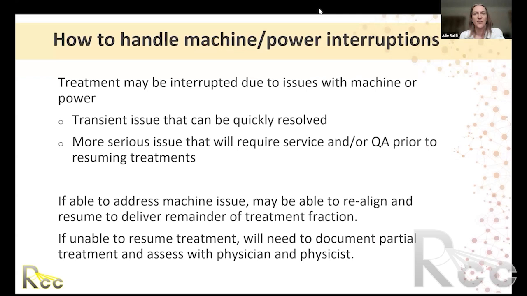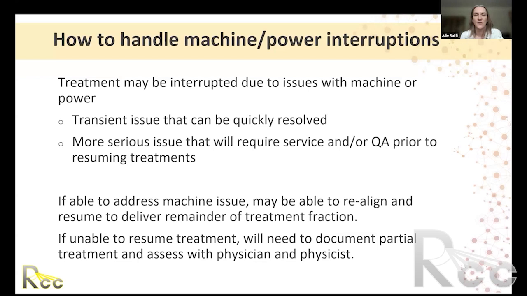You might also have treatment interruptions due to machine problems. So if you have a machine issue or a power issue, these might be transient issues that can be quickly resolved. If you just have a brief power flicker, or an MLC issue that you're able to reinitialize, you might be able to resolve and resume treatment while the patient is still positioned.